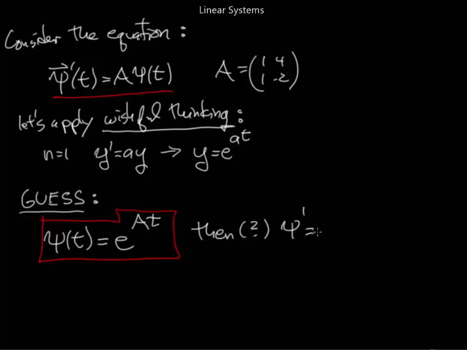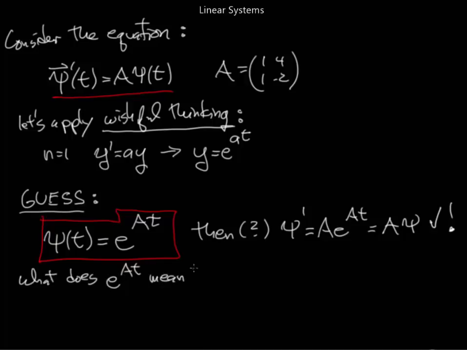But formally, applying wishful thinking, if you take the derivative of this thing, you just pull down the A. Psi prime is equal to A e to the At, and that's A psi. So that looks great. It's like the simplest thing I can think of. But the problem is, what on earth does e to the At mean?